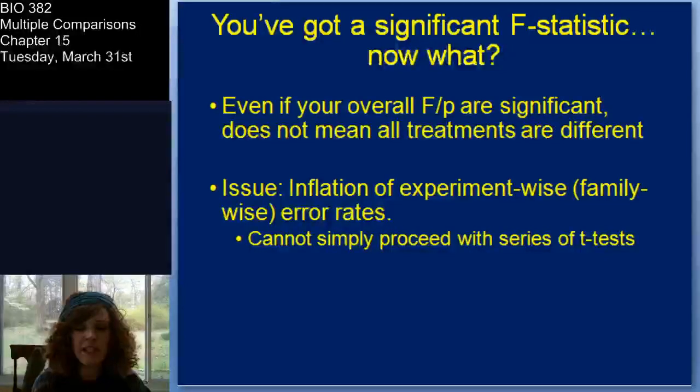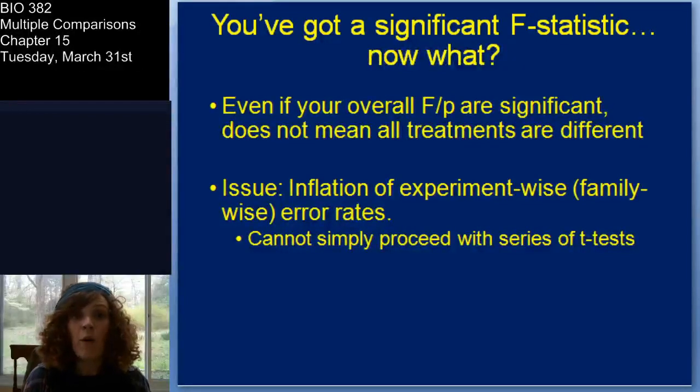The issue with multiple comparisons is that you inflate what we call your experiment-wise error rate, also called your family-wise error rate. You might say, well, why can't I just do a bunch of t-tests? I have a significant ANOVA, now I just want to compare two means over and over. Say I have 4 groups, and I want to compare group A to B and A to C and A to D and so on.